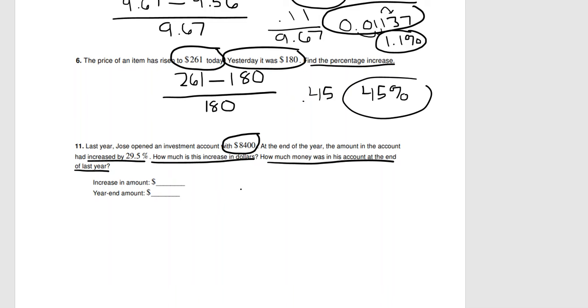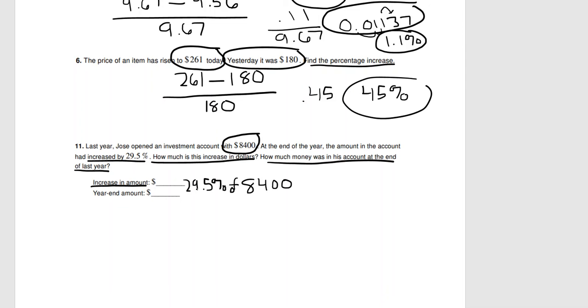So to do this one, we're going to take the $8,400, and we know that increased by 29.5%. So we want to figure out what 29.5% of $8,400 is first. That's going to give us our increase in amount.